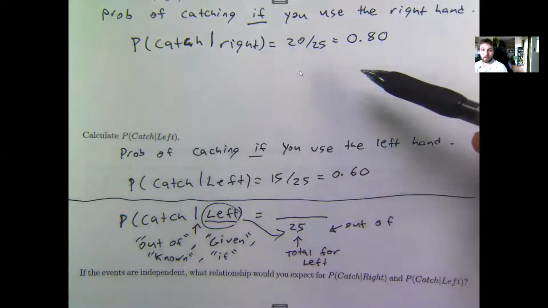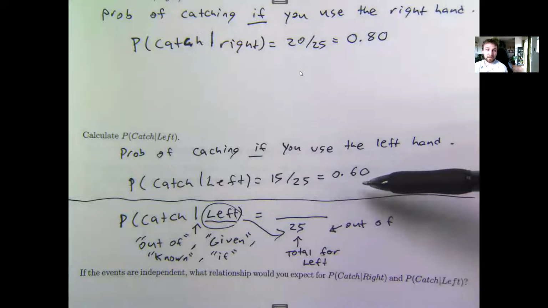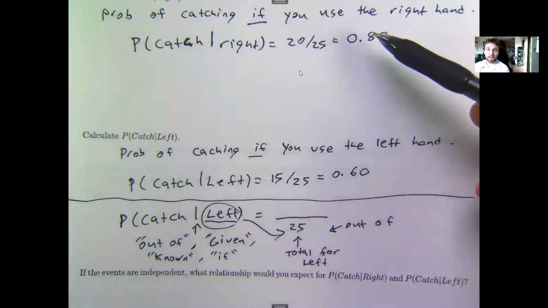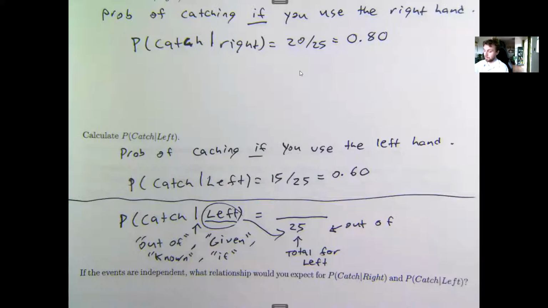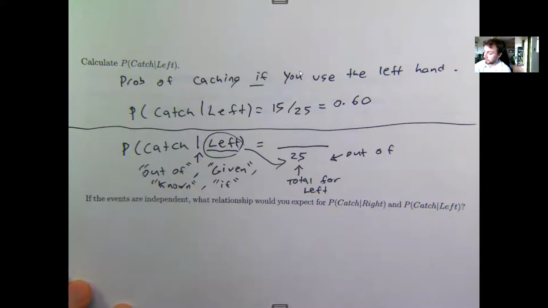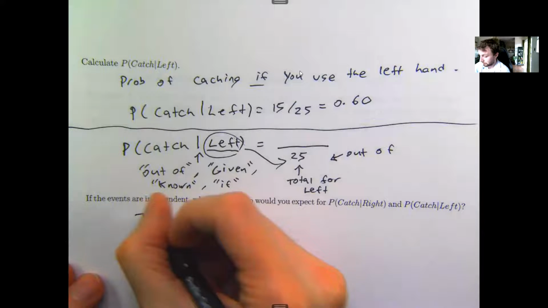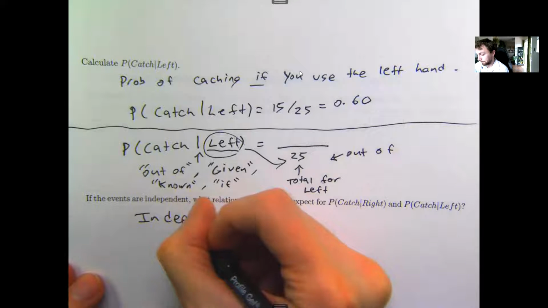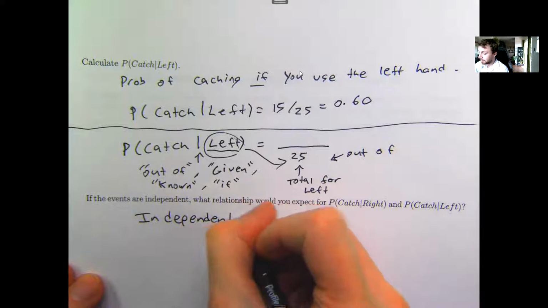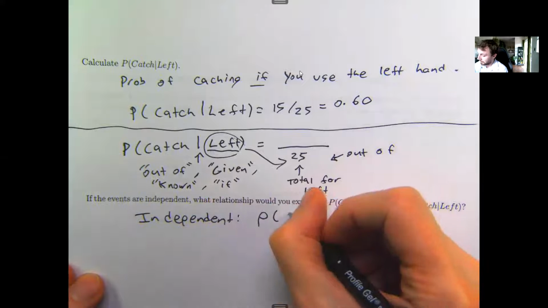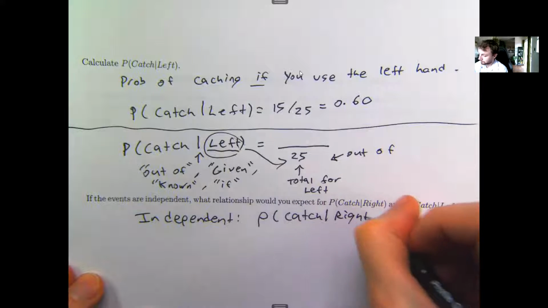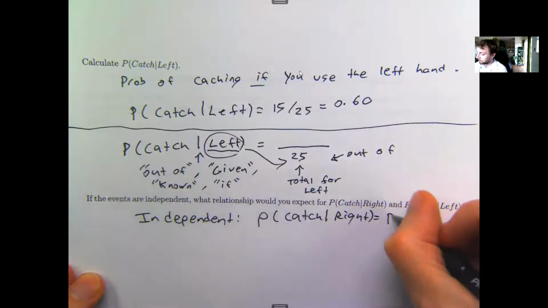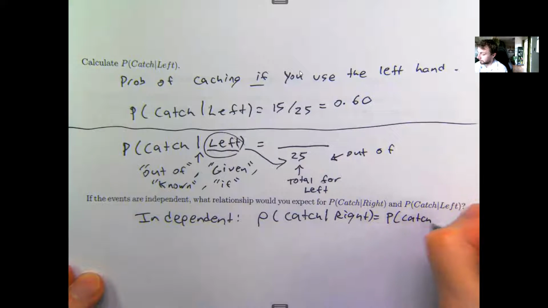Likewise, when we compared our left-hand catch rate, 60%, with our right-hand catch rate, we noticed that we were better with the right hand instead of the left hand. If events are independent, you will see that the catch rate for the right hand should be the same as the catch rate for the left hand.